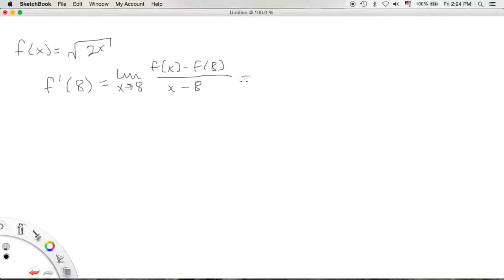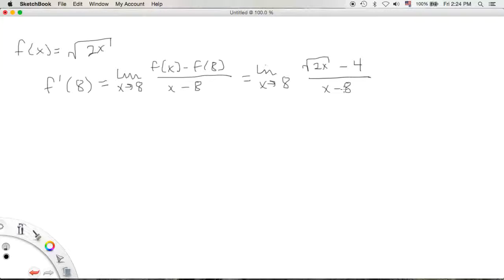So we have the limit as x goes to 8 of the square root of 2x minus, well, 2 times 8 is 16, the square root of that is 4, over x minus 8.